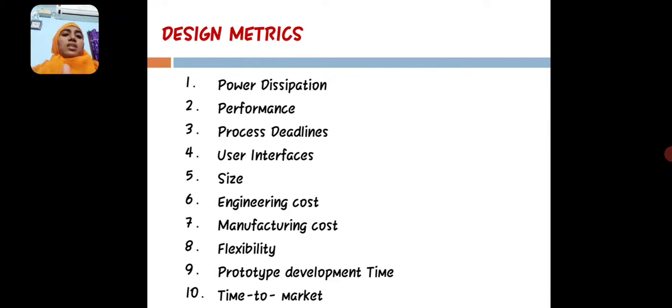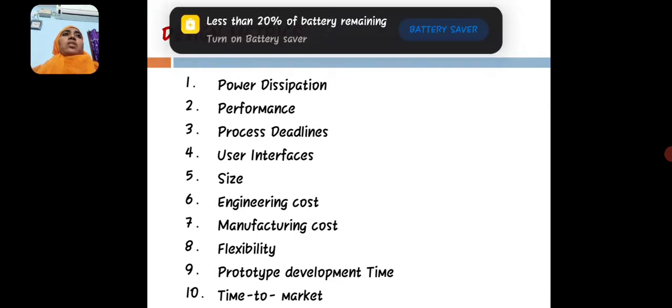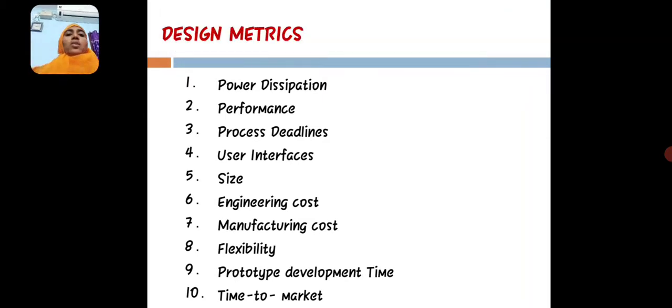The next cost is manufacturing cost. After preparing the embedded system kit, how much cost is taken to manufacture that device is the manufacturing cost.